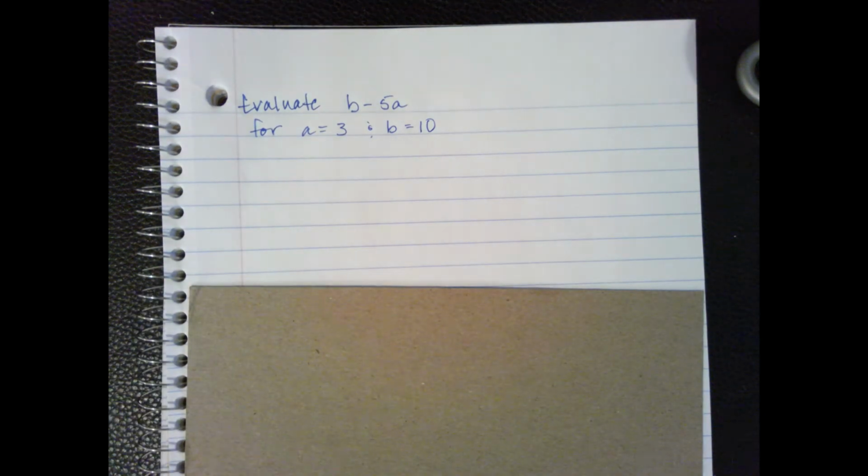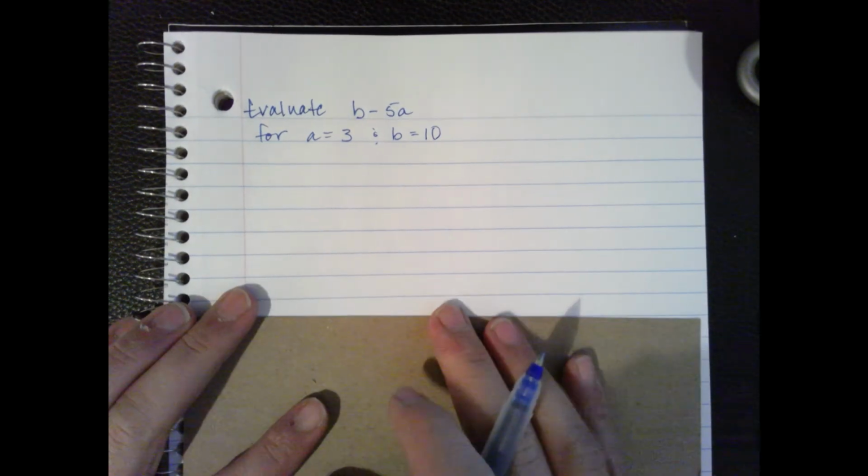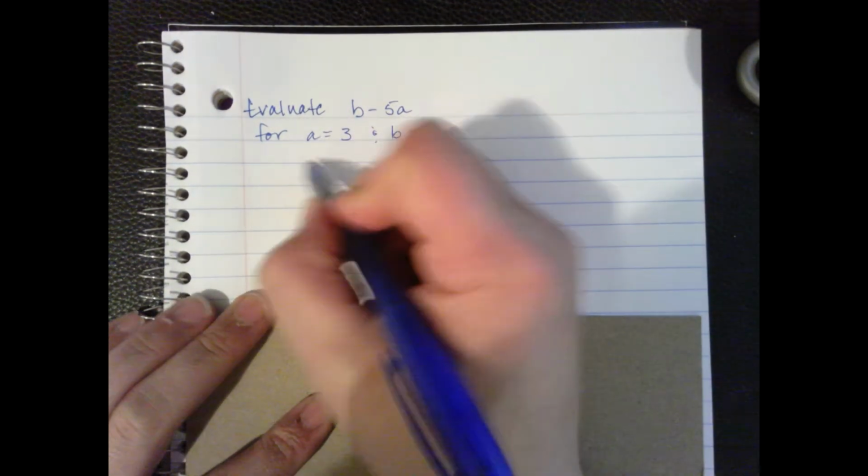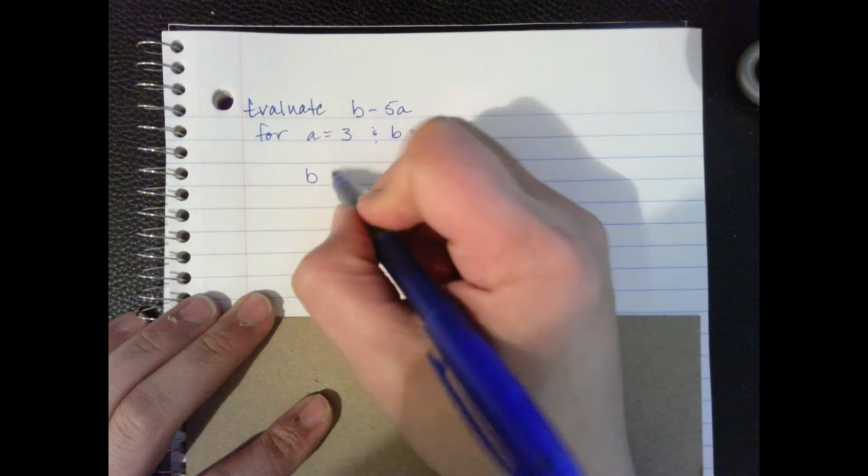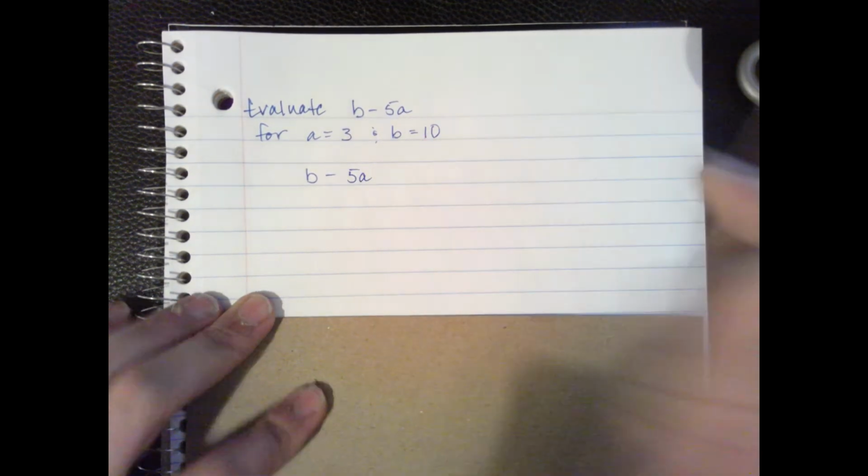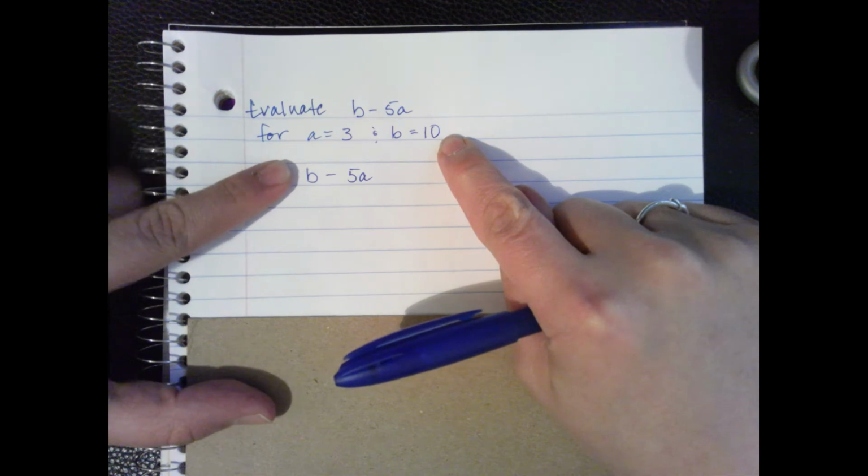Okay, so they're giving me numbers to plug in to evaluate, and if you're being asked to evaluate, there's always going to be numbers for you to plug in. You just have to identify where it is that they go. Okay, so here my expression is b minus 5a. I need to take 10 and plug it in for b.